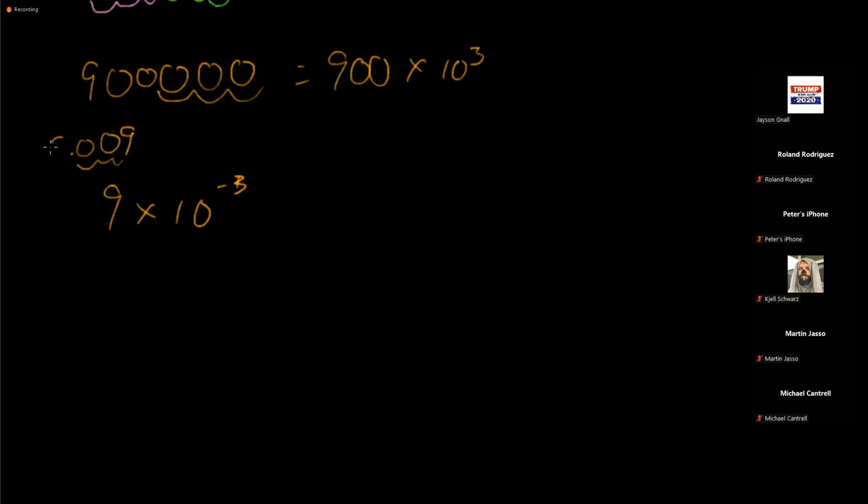We'll get it eventually. We have our 9. We go 1, 2, 3. So there's 0.009. Okay, so that's our number. That would look like this.